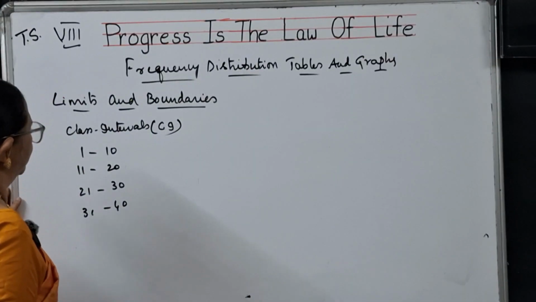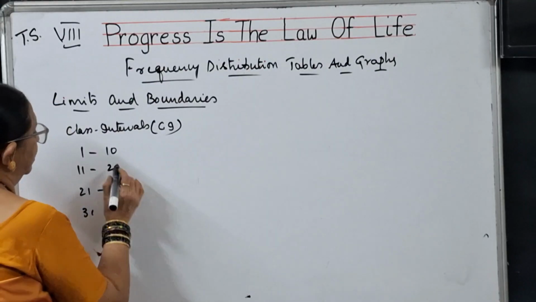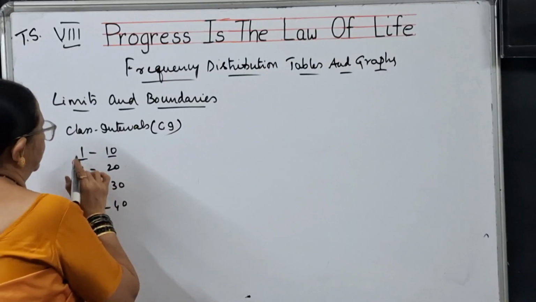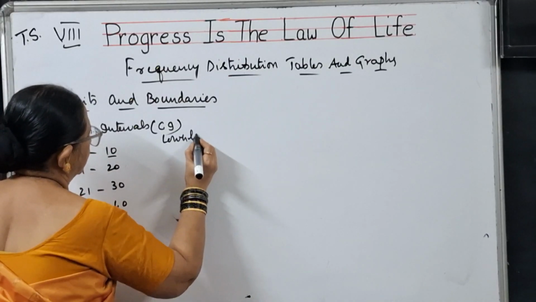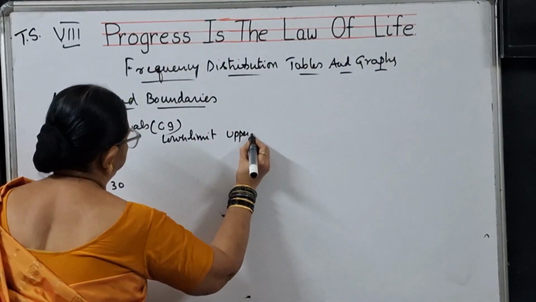In these class intervals, you want to find out limits. What are limits? Limits means the first value and the last value. This is called lower limit and upper limit.